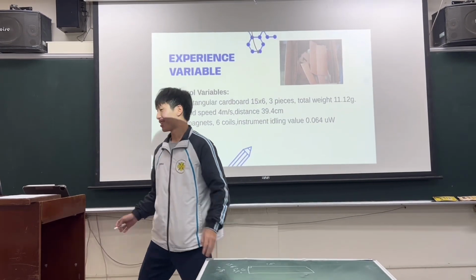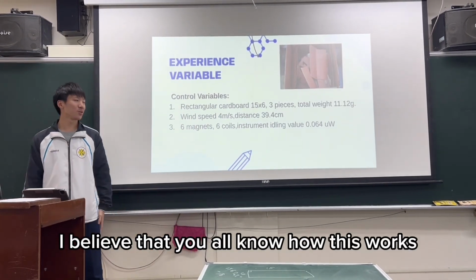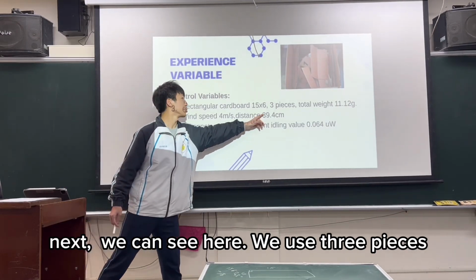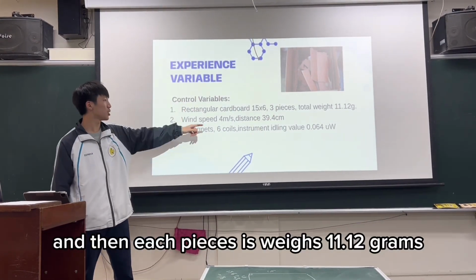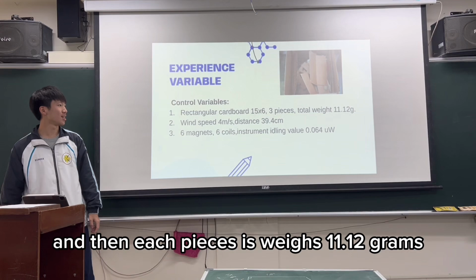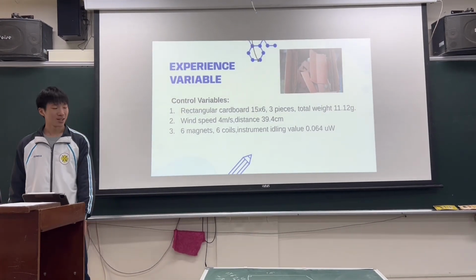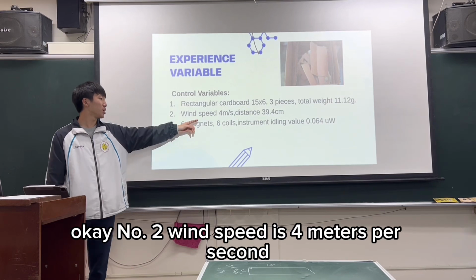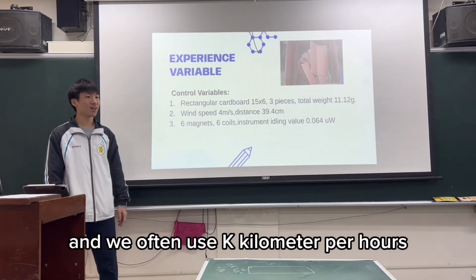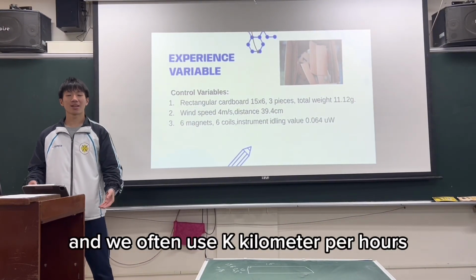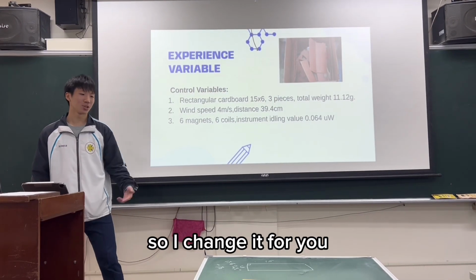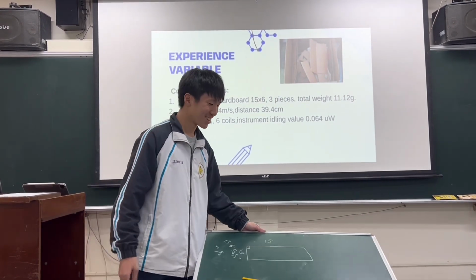I believe you all know how it works. Next, we can see here we use 3 pieces, and each piece weighs 11.12 grams. Number 2, wind speed is 4 meters per second. We often use kilometers per hour, so I'll change it for you.